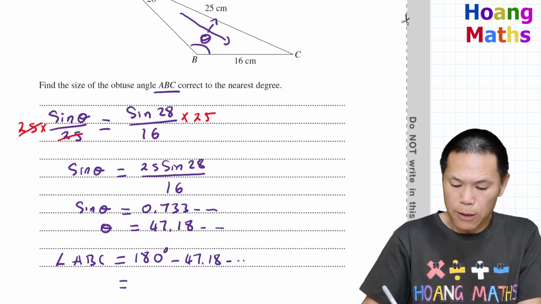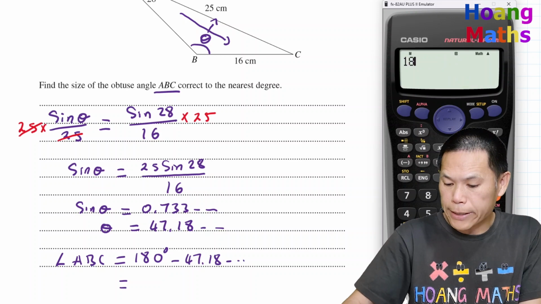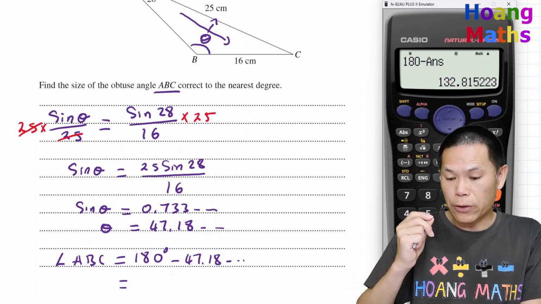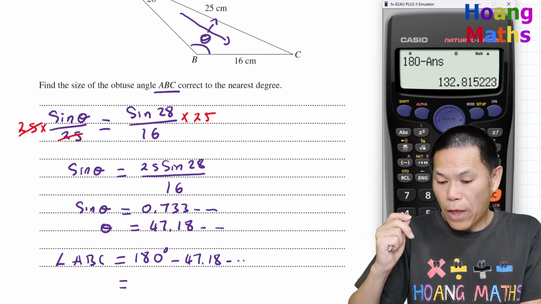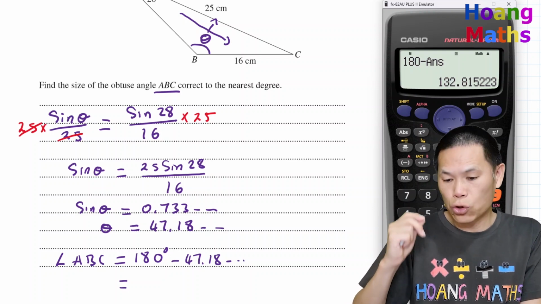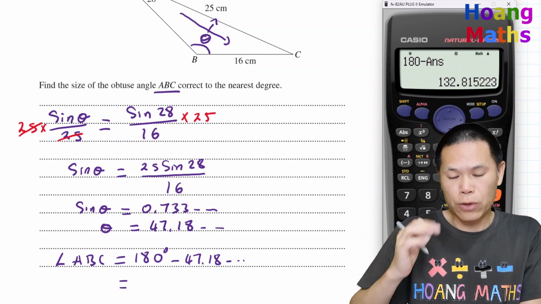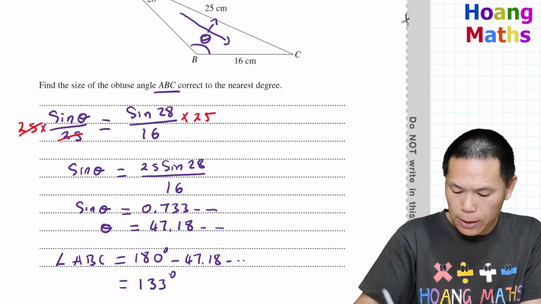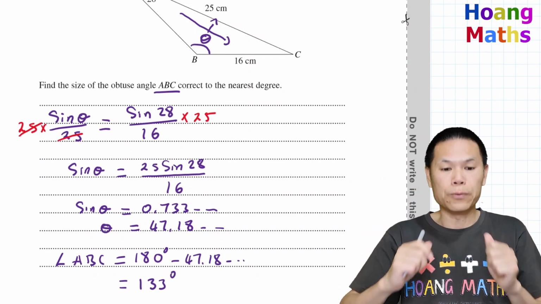Just go 180 minus the answer, and it's correct to the nearest degree. So therefore 132.8, so it should be 133 degrees. So there you go.